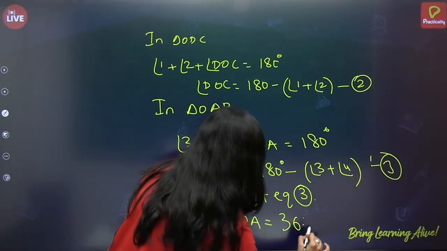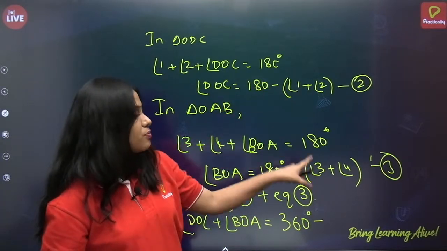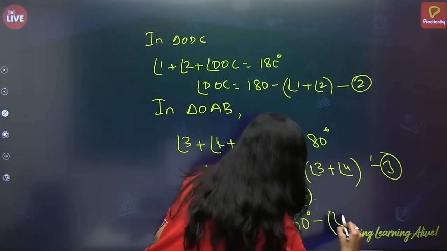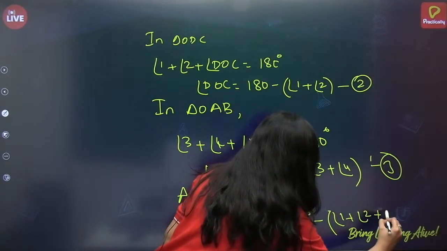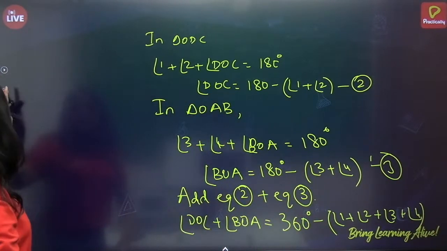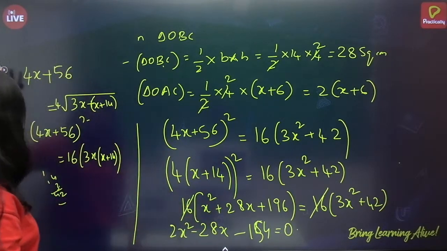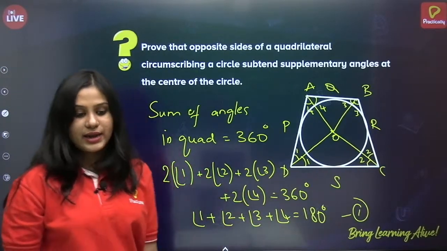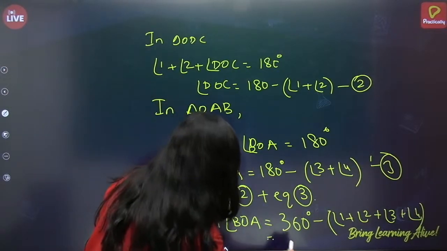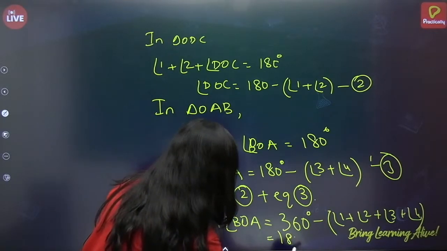So, 360 degrees minus (angle 1 plus 2 plus 3 plus 4). But in the previous step, we have seen angle 1 plus 2 plus 3 plus 4 is equal to 180 degrees. Correct? So, I can write this as 180 degrees. So, 360 minus 180 is 180 degrees.